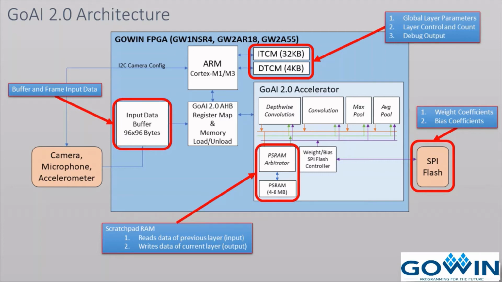I should also mention that the ARM Cortex-M memory, the ITCM and DTCM, are used for the global parameters of each layer of the model, layer control and layer count, and then also debugging this entire system.